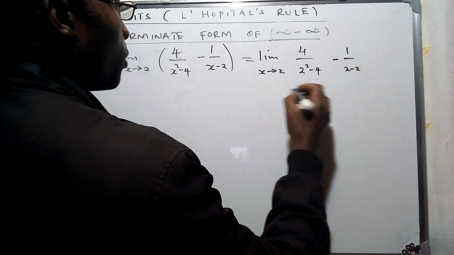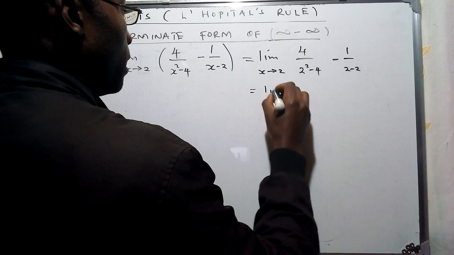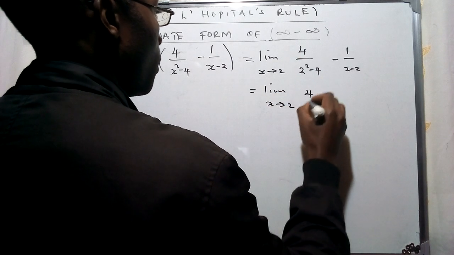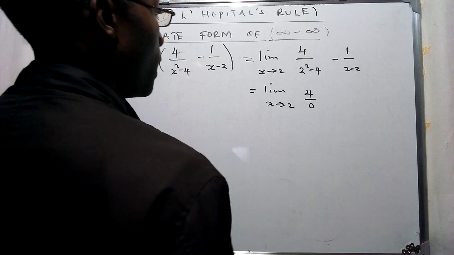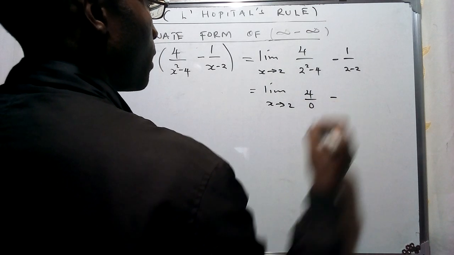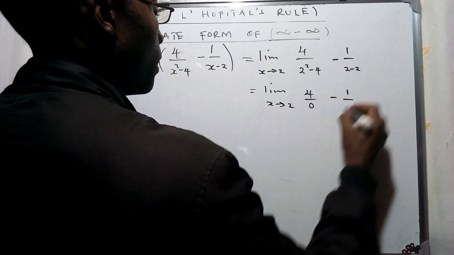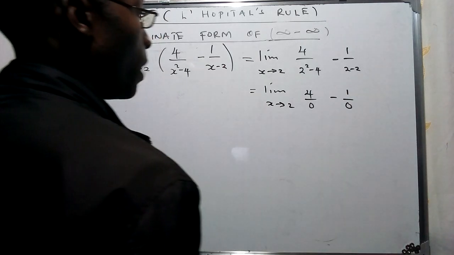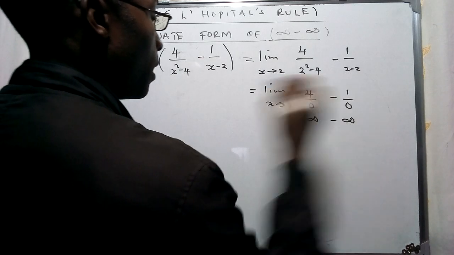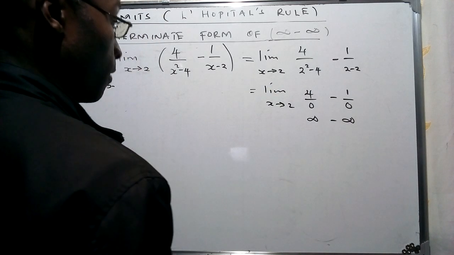The first term gives 4 over 0, and the second gives 1 over 0. So these give us infinity minus infinity.